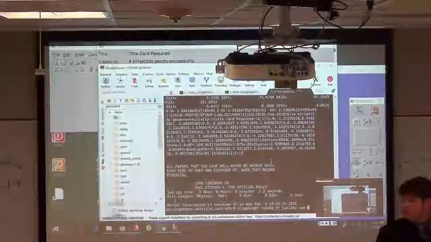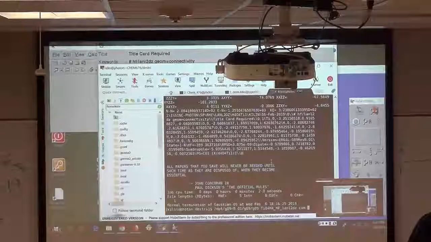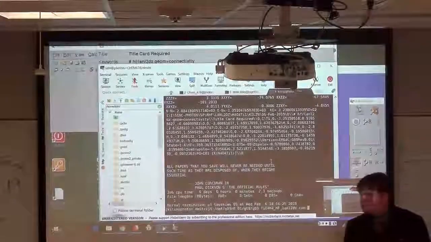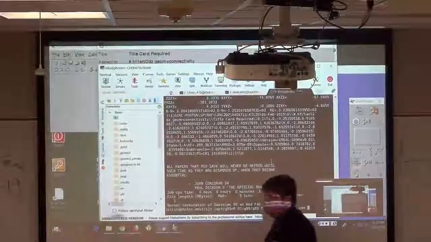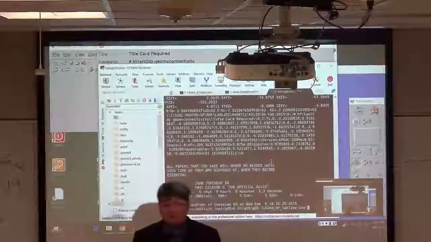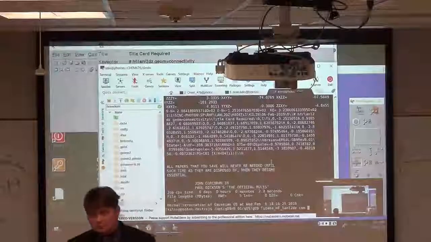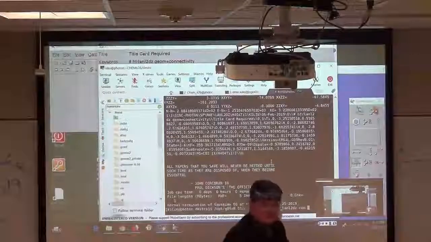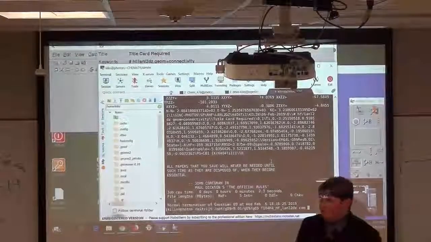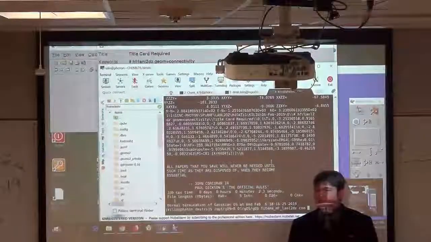Yes? G09, is that telling it to optimize, or is it just submitting it and somehow the information we provided previously tells it to optimize? Does the question make sense to everyone?